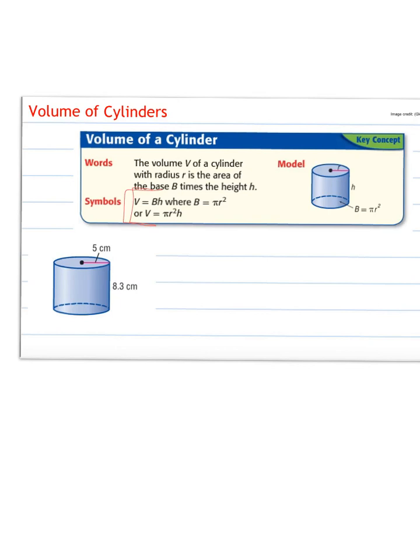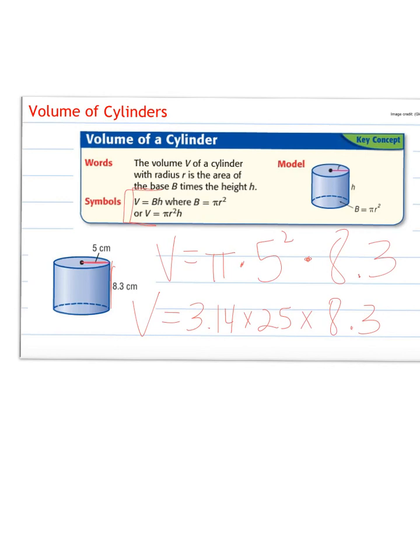So for this one, pi times the radius, which is this distance halfway across the circle, which is 5, square that, times the height. How far away is each circle base from each other is 8.3. Well, 5 squared is 25, and for pi I'm going to use 3.14 times 25, times 8.3.